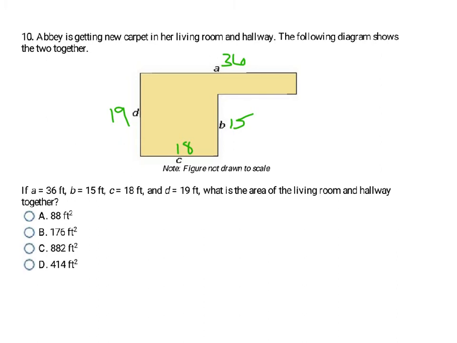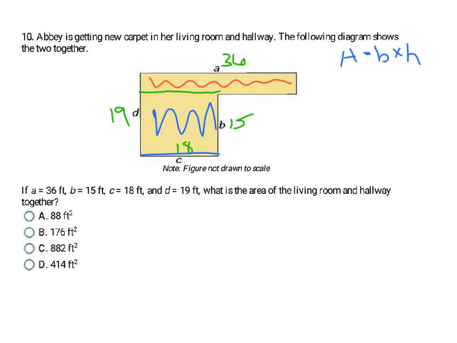So I'm going to go ahead and divide this up into two different rectangles. I'm going to be finding the area of this skinny rectangle here and the area of this larger rectangle in the blue. So the area of a rectangle is just area equals base times height. So for this rectangle, I'm going to be using these two sides, the 18 and the 15.